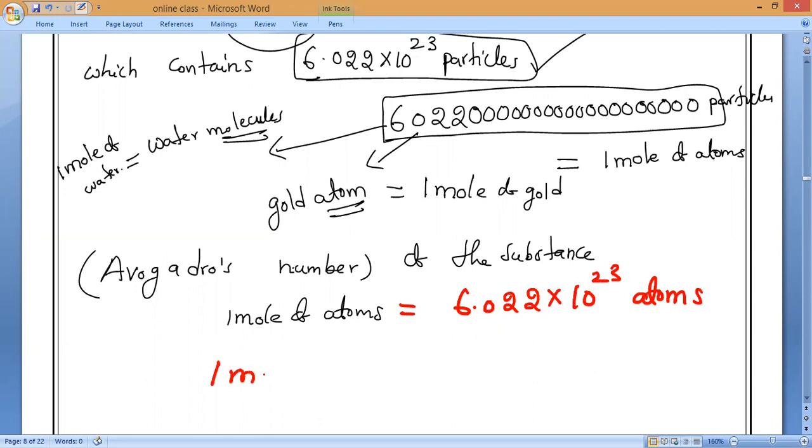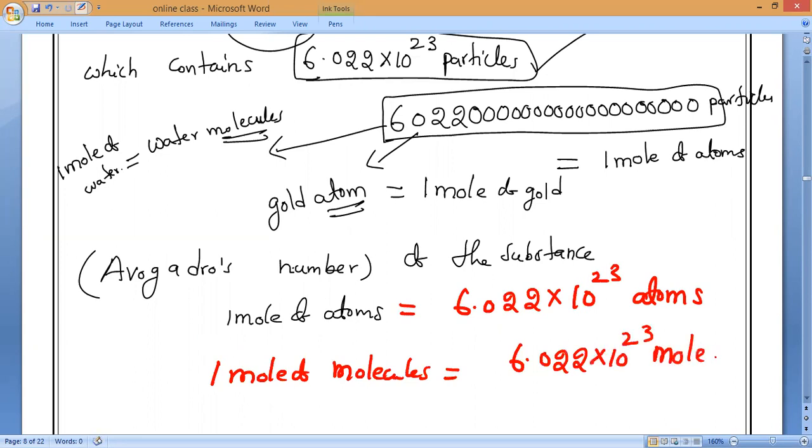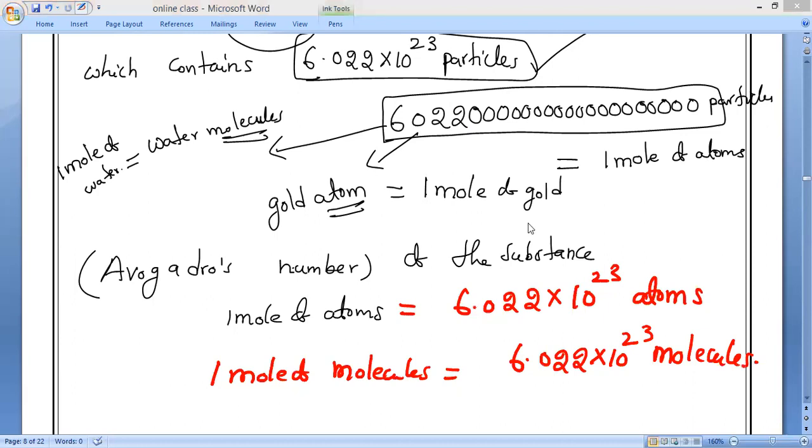Next, 1 mole of molecules: how many molecules? 6.022 into 10 power 23 molecules. Are you clear, everyone? That is what you have to remember.